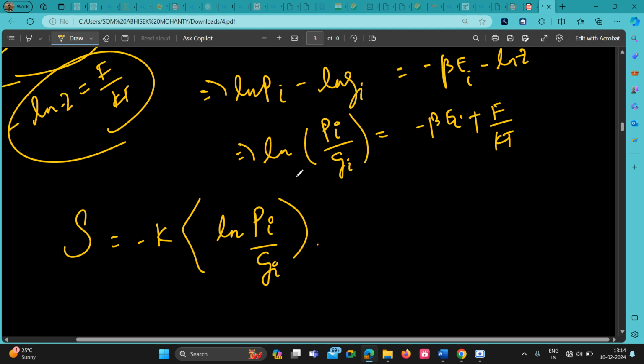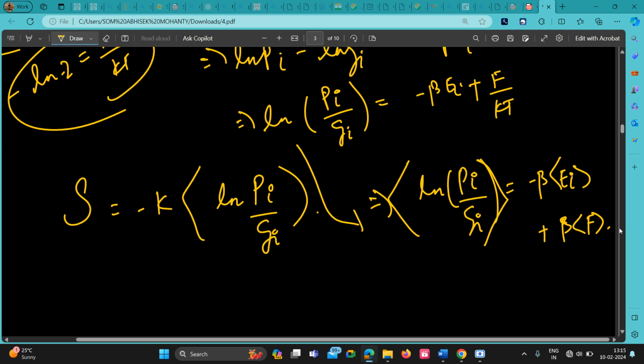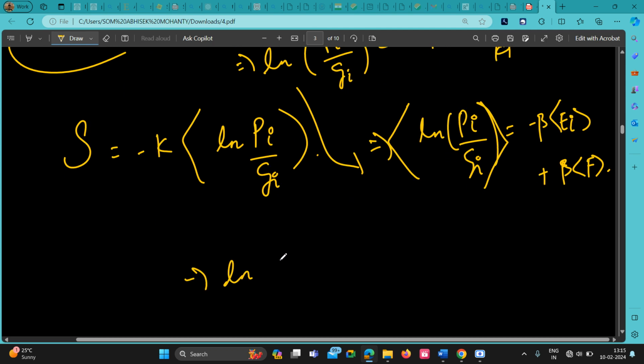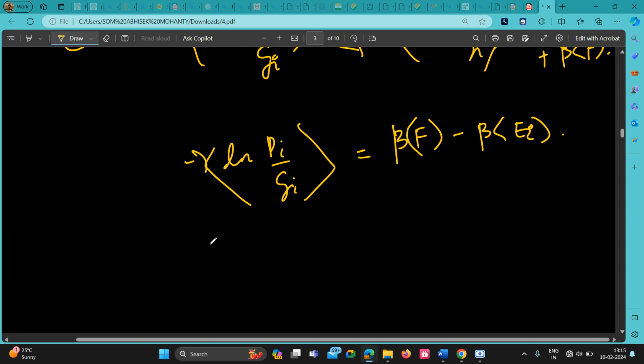So how do we do this? From here, ln Pi by Gi is equal to minus beta average of Ei plus, sorry, 1 by kT is actually beta, plus beta F. So ln Pi by Gi expectation value, I can write like this: beta F minus beta times the average value of Ei.